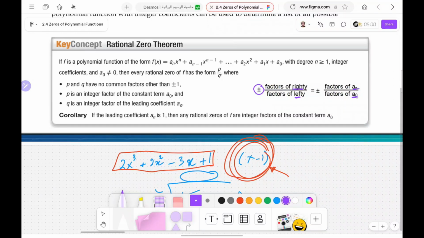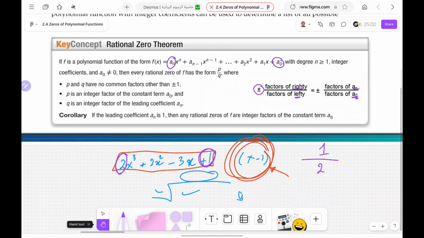What are an and a0? a0 is the last term of the polynomial, which is the constant, and an is the leading coefficient. So those are the factors that I have when I need to find the answer.